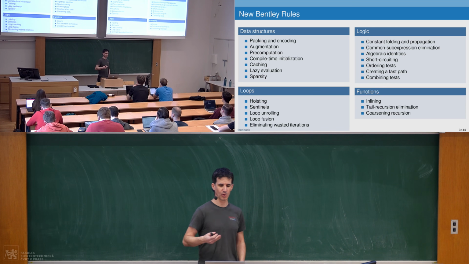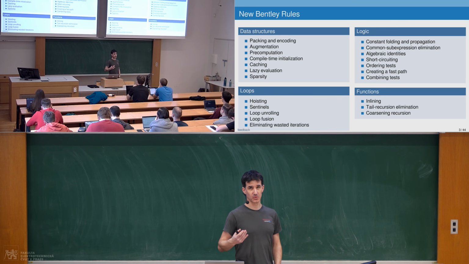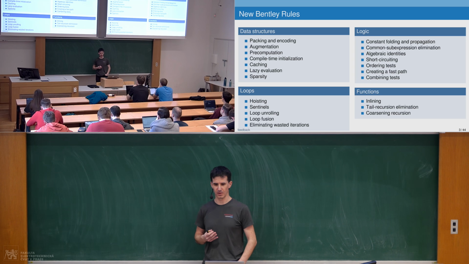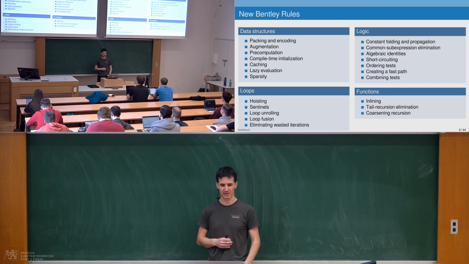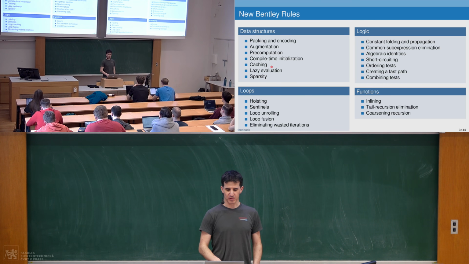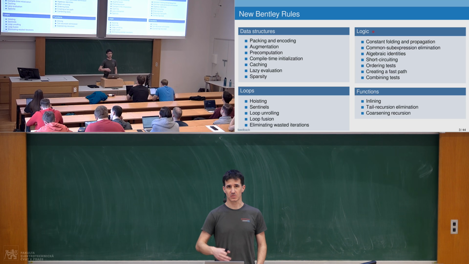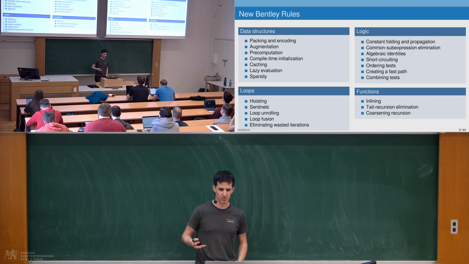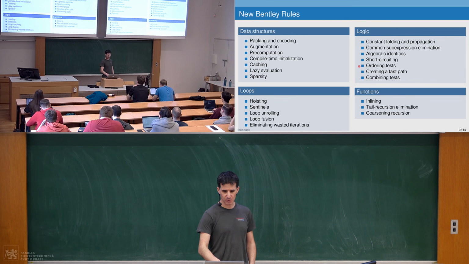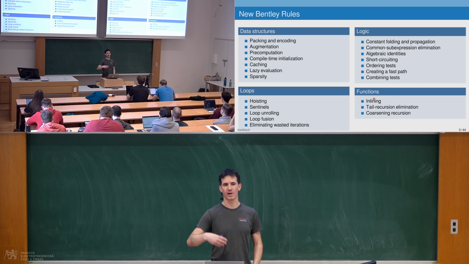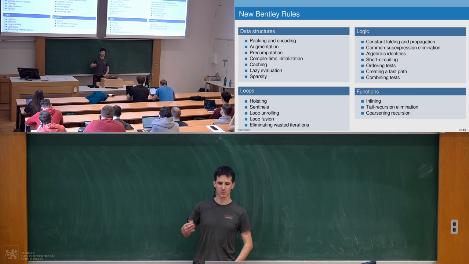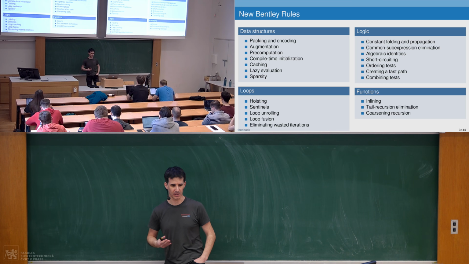So if you are able to optimize loops, you can optimize a lot of the time where the time is spent. You can optimize some logic expressions, do some simplification, shortcuts, or whatever. And finally, you can optimize functions, how functions are called, and basically reduce the overhead of function calling.